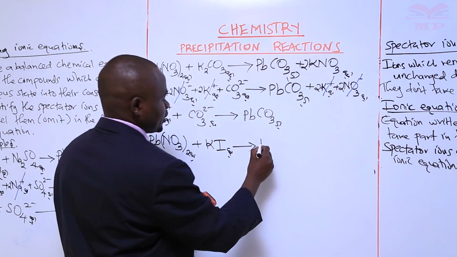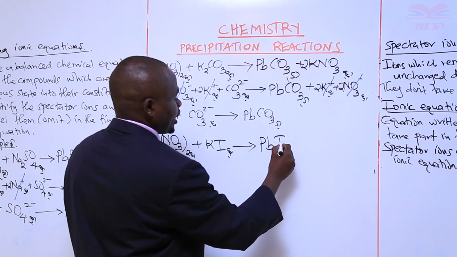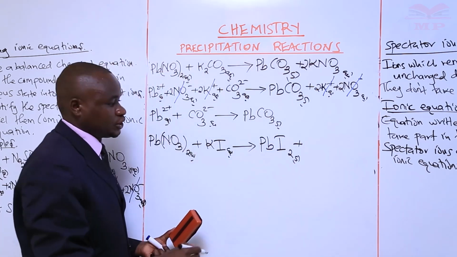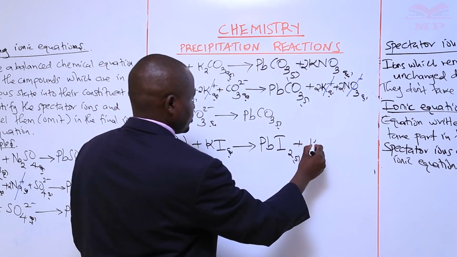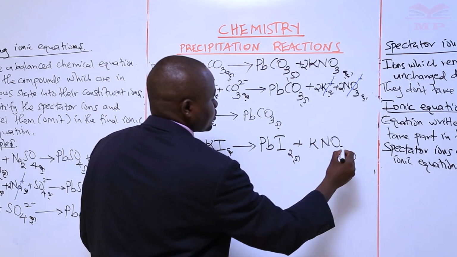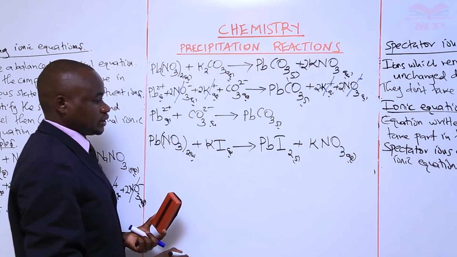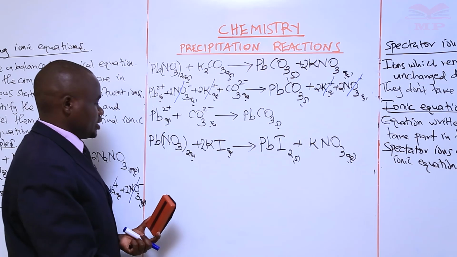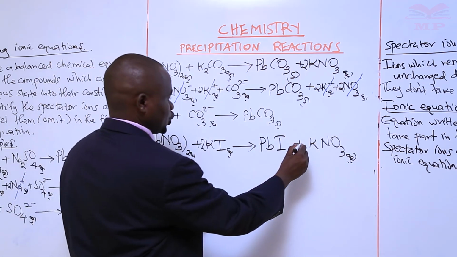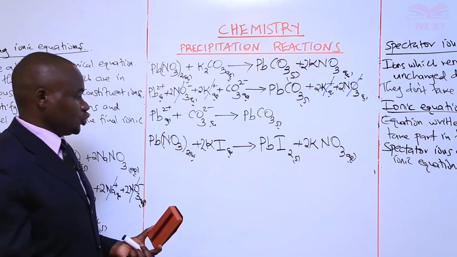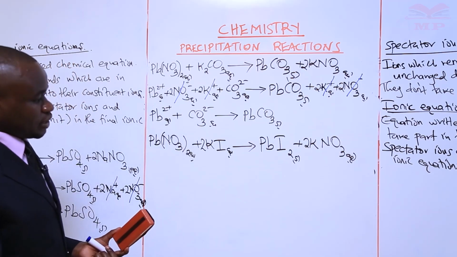We shall get lead iodide, which is an insoluble salt, plus potassium nitrate, which is a soluble salt. We balance, we put 2 on potassium iodide and 2 potassium nitrate. The equation will be balanced.